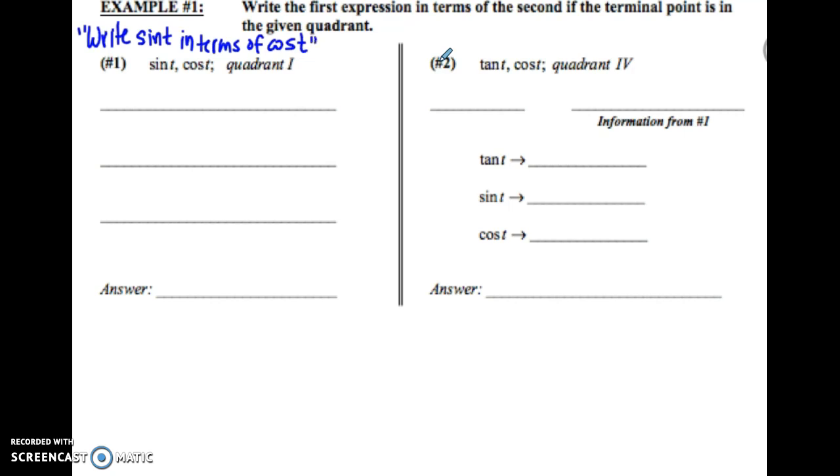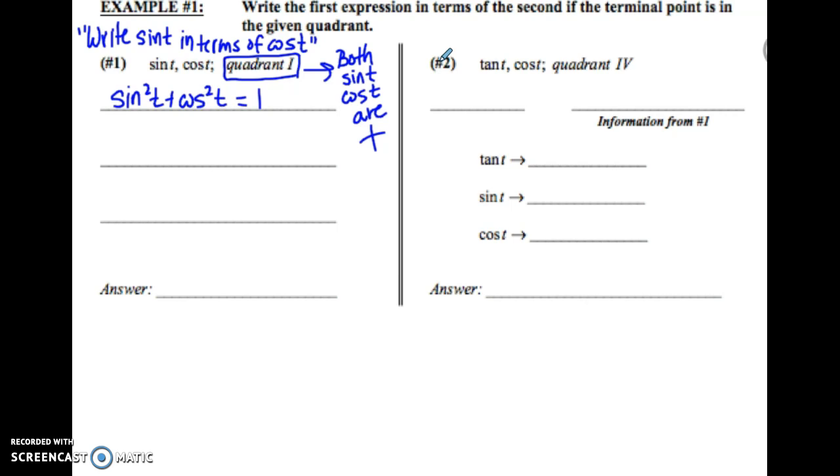And the fact that our ordered pair, or our terminal point here, is located in quadrant 1, that tells us in quadrant 1 that both sine t and cosine t are positive, right? That's going to come into play later in our problem. So I'm going to begin with the Pythagorean identity, sine squared t plus cosine squared t equals 1.